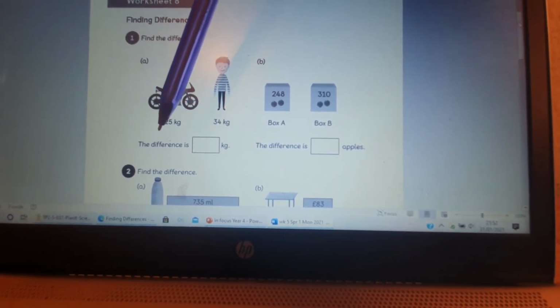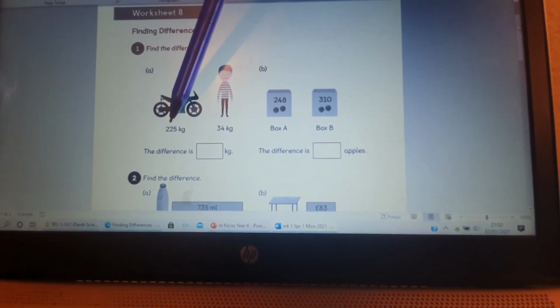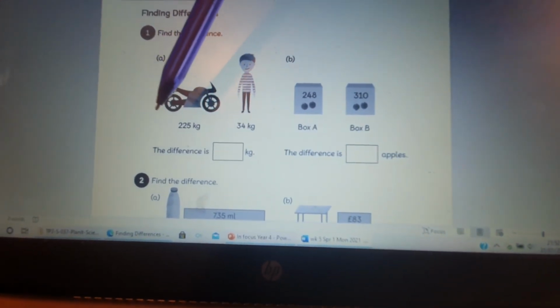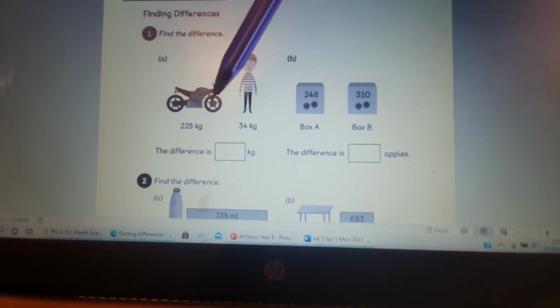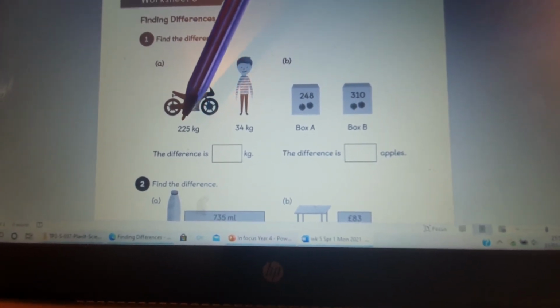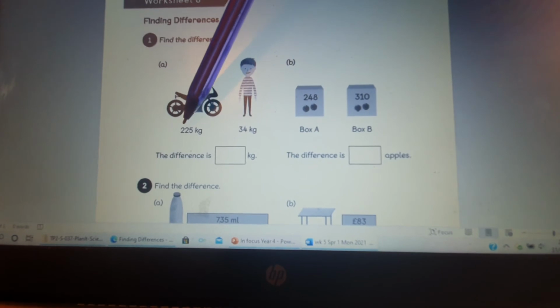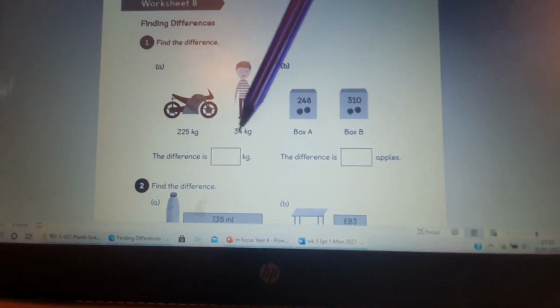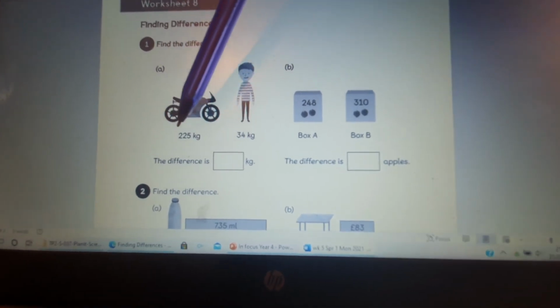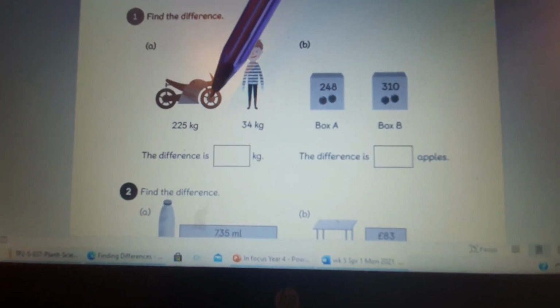By subtracting. 225 subtract 34. So good to show column method on a piece of paper. Okay? Some of you might say, well, 225, if I take 25 away and take 25 from there, how much have I got left? Otherwise, just do it with column subtraction.